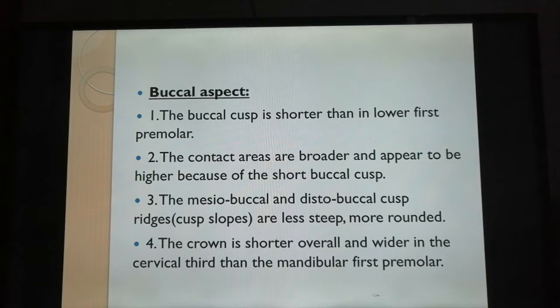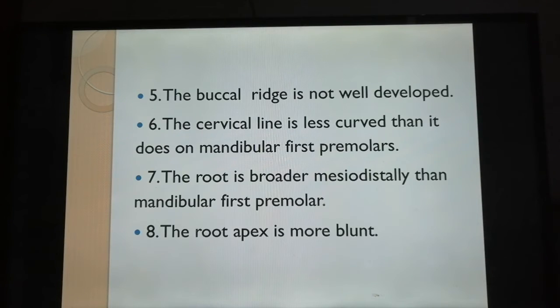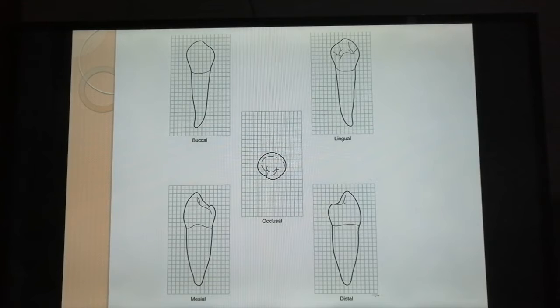Number 4, the crown is shorter overall and wider in the cervical third than the mandibular first premolar.